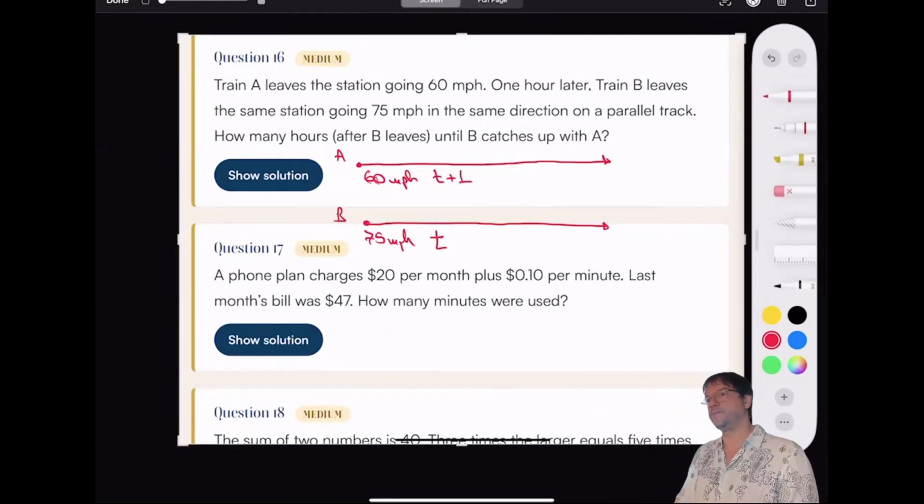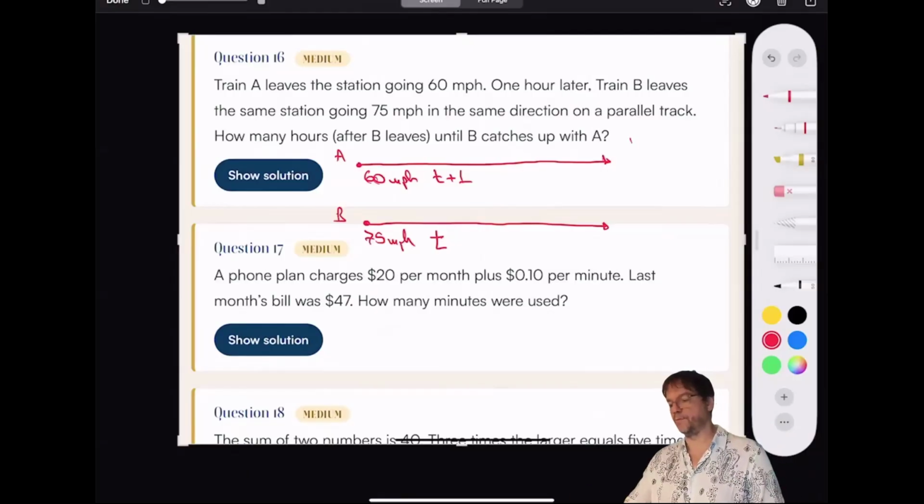Because when B left the station, A was already traveling 1 hour, because B departs 1 hour after A departed. Do you agree? Yeah. Okay. So, what is the theory involved?